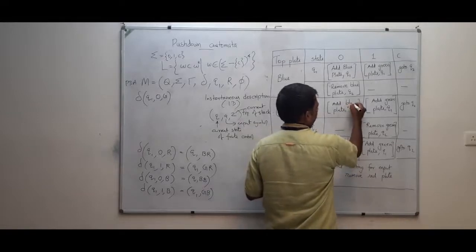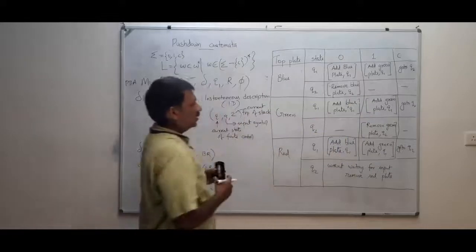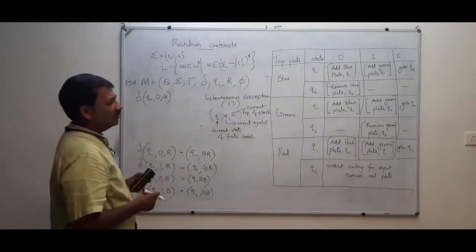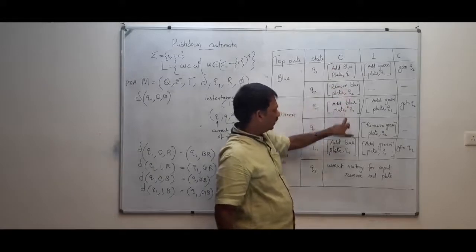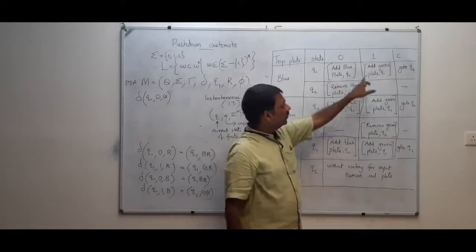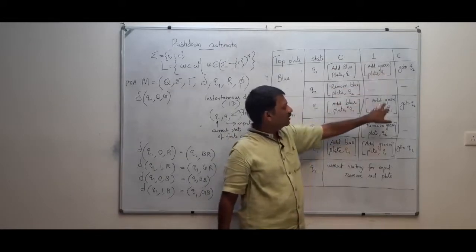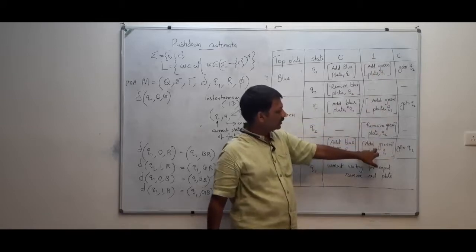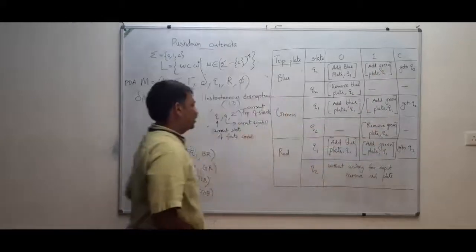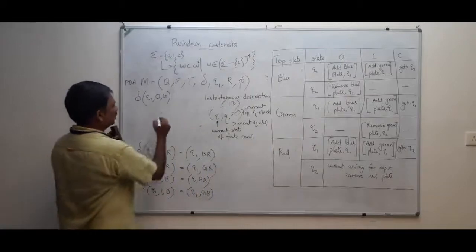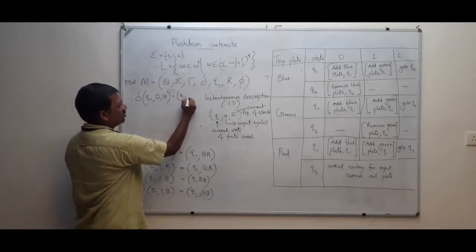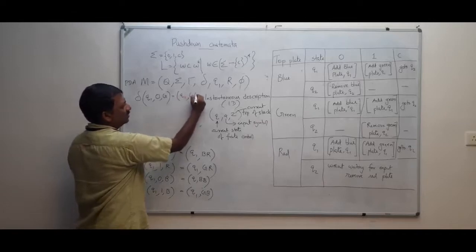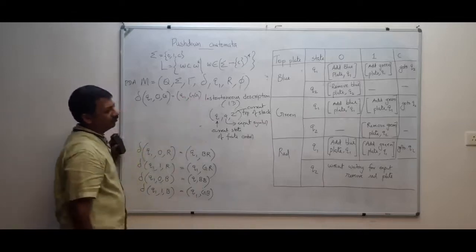If 0 is encountered, add a blue plate. If it is 1, add a green plate. And likewise here, 0 G, what will happen? Here you are staying in the same state Q1 and this is replaced by GG.